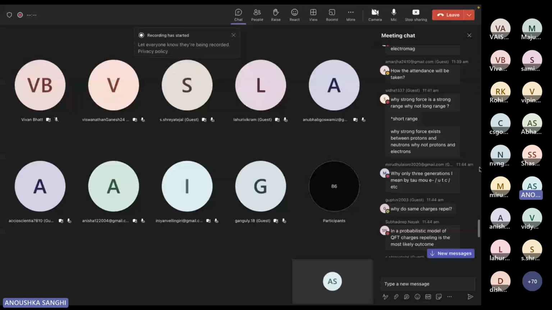So there are mainly three generations of tau, mu, and electron, because these are charged. These are kinds of leptons which are charged, three particles which come under charged leptons. So that's why we get three categories, and also through experiments and observations, we have come to this.